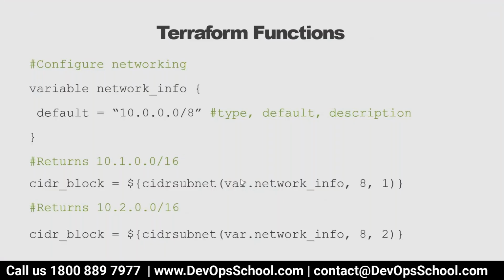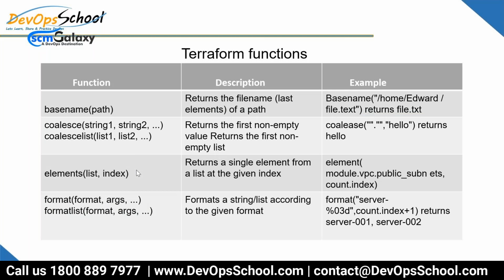Here you see one example. There's a string type variable, and if you want to convert it into CIDR format, there's one function we use, the cidrsubnet function, with var.network_info, which is a variable, in the format you want to convert. You have so many functions.